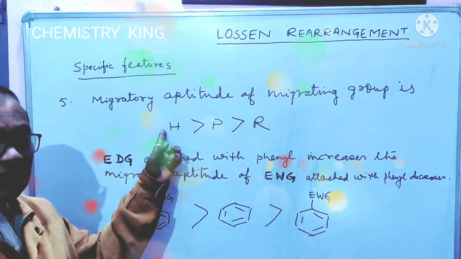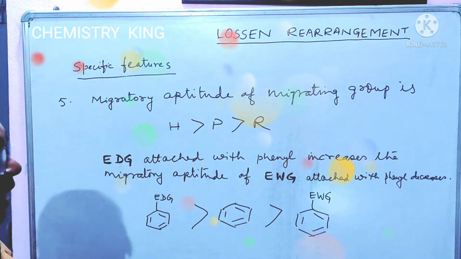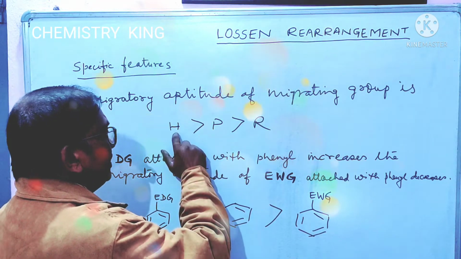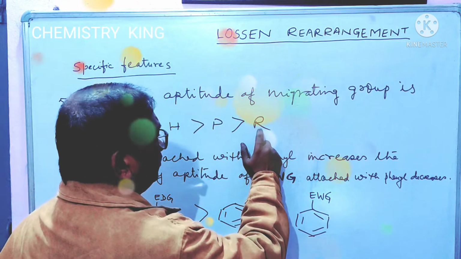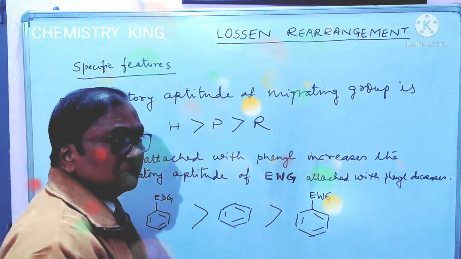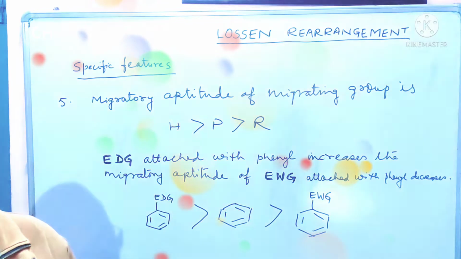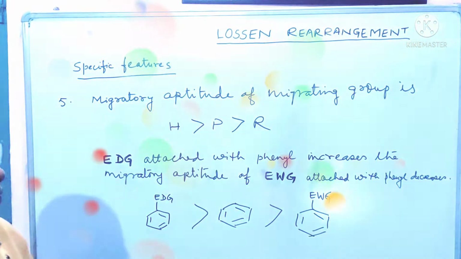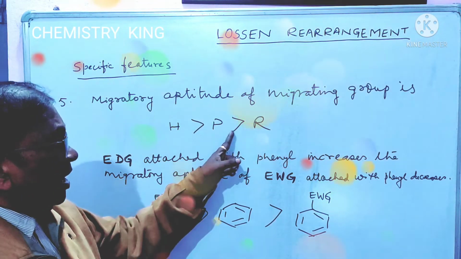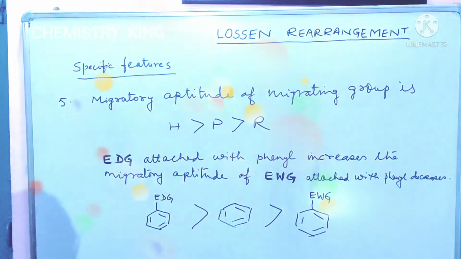Then electron density of this species is highest, electron density of this species is less than this, and electron density of this species will be again less than this. Greater the electron density, greater will be the migratory aptitude. You have to learn this order.